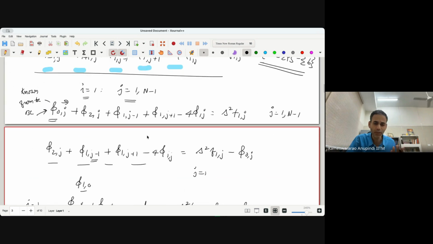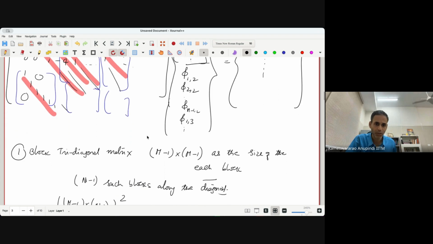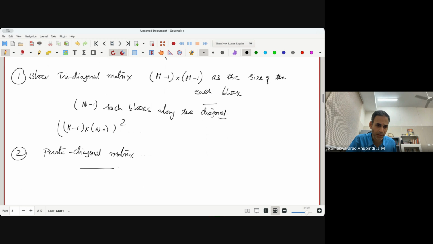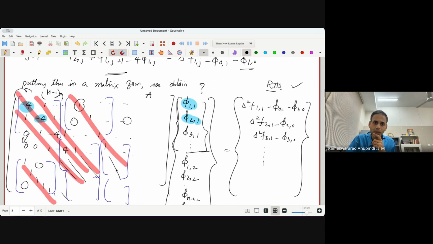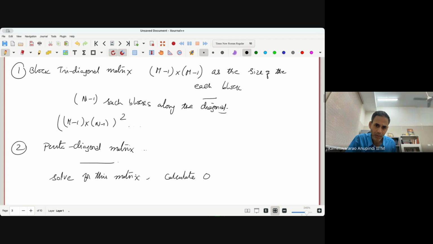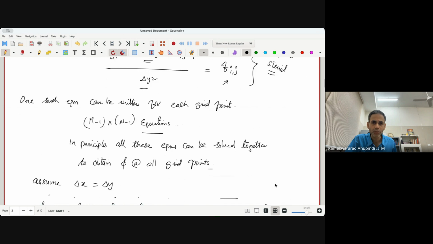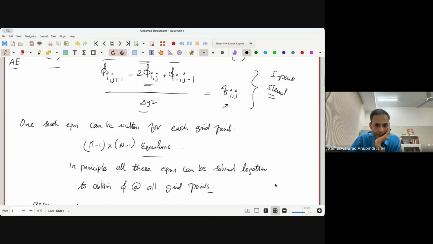Or you can think of it as a banded block tridiagonal matrix. In both ways, essentially this can be solved to obtain a solution. We can solve for this matrix, and then obtain phi ij at all points, 1 to m-1 and 1 to n-1.